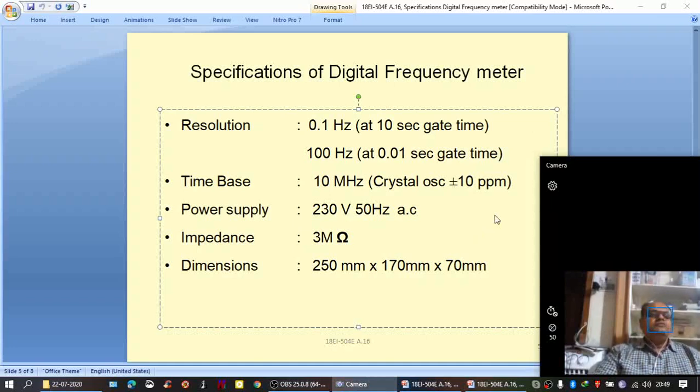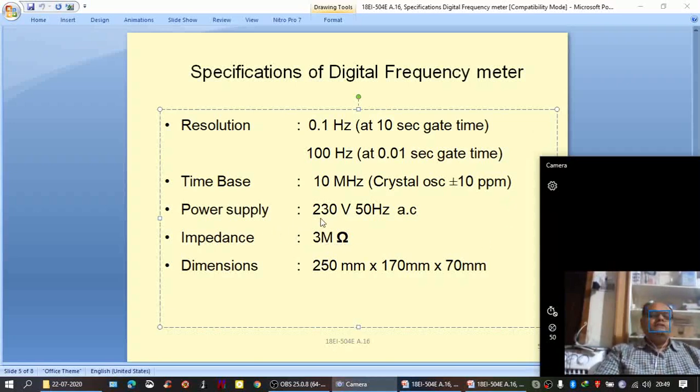Exact value is 10 power 6 cycles per second, and for 10 megahertz, 10 power 6 into 10, that is 10 power 7 cycles per second. 1 part per million, that is 1 by 10 power minus 6. So for every 10 power 6 cycles, the error would be 1.